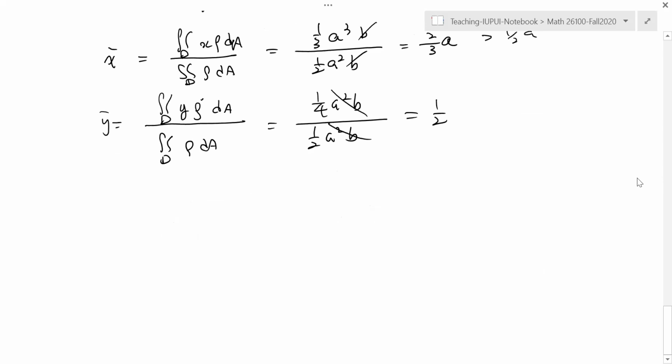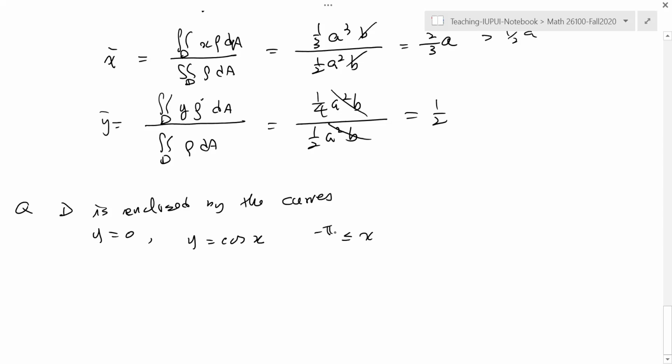All right. Our next problem is from the book. These regions are bounded by curves. Here y equals 0, and y equals cosine x, and x is between -π/2 and +π/2.